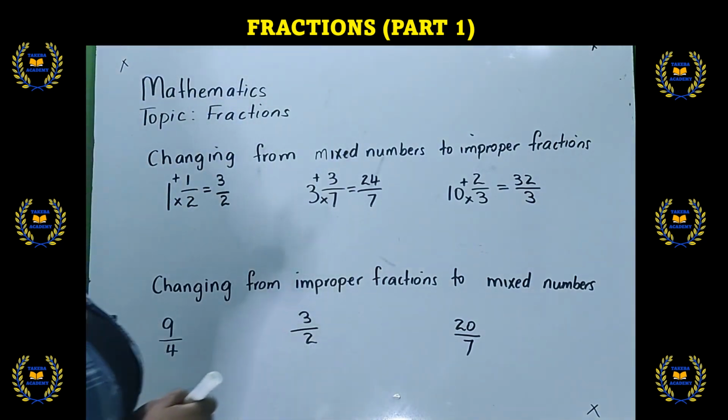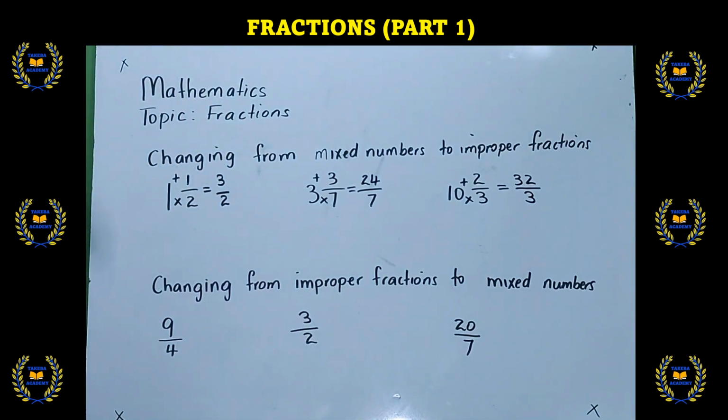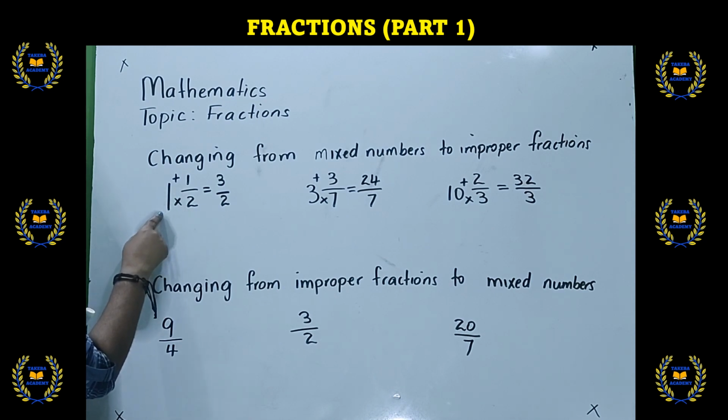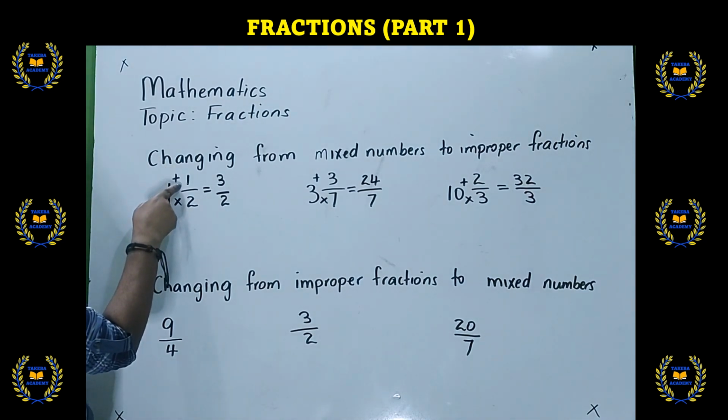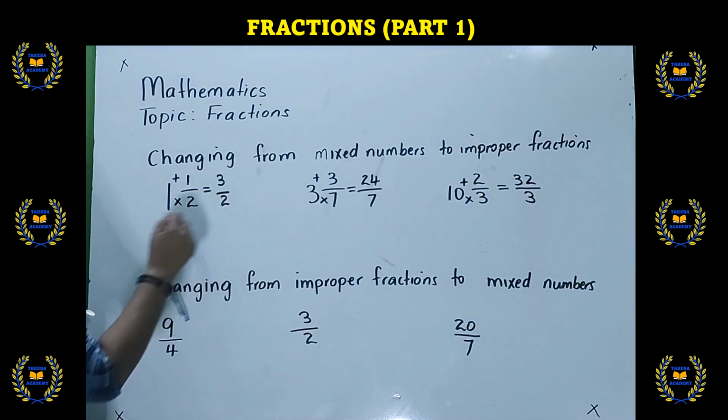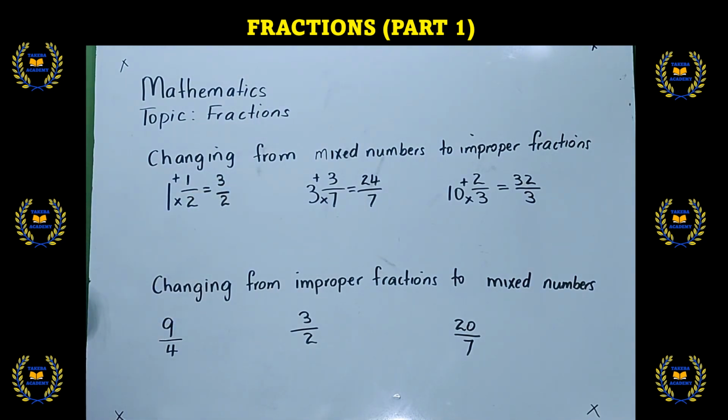So our answer is 32 over 3. Once again, we multiply the denominator by the whole number, and then we add the numerator. The result goes over the denominator. Okay? Now we're going to learn how to change from an improper fraction to mixed numbers.